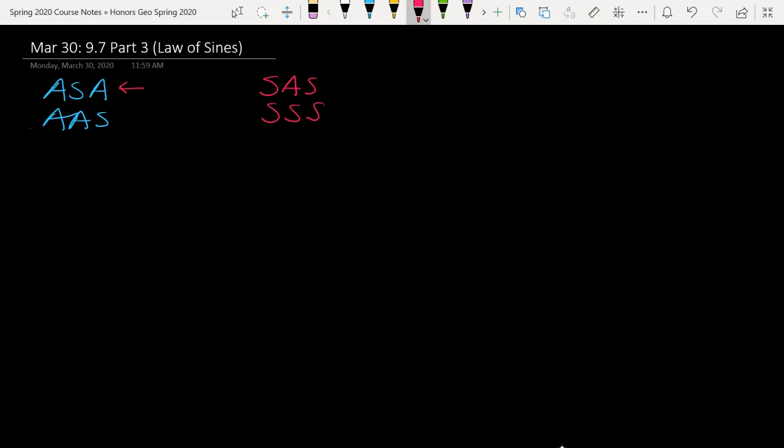So wouldn't it be incredible? Wouldn't it be wonderful if, since we know that if we have this information about triangles, there's only one triangle that will fit that. So maybe if we knew ASA or we knew AAS about any triangle, we could figure out all of its measurements.